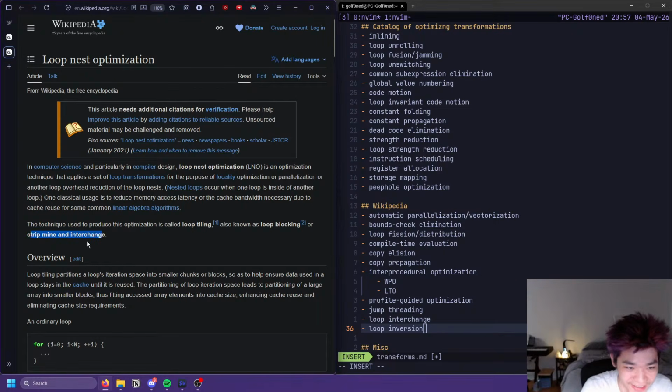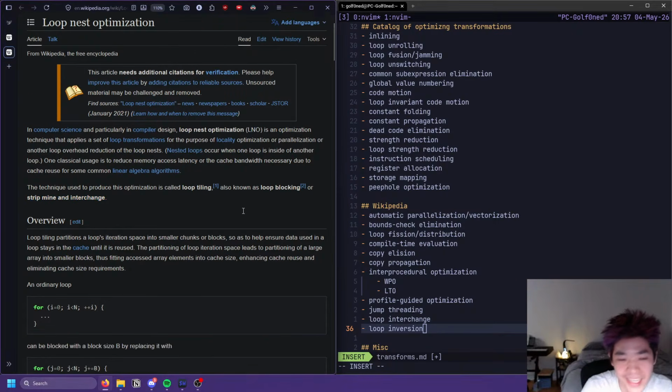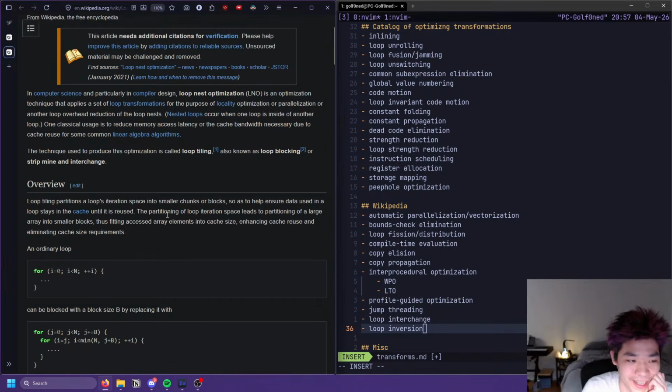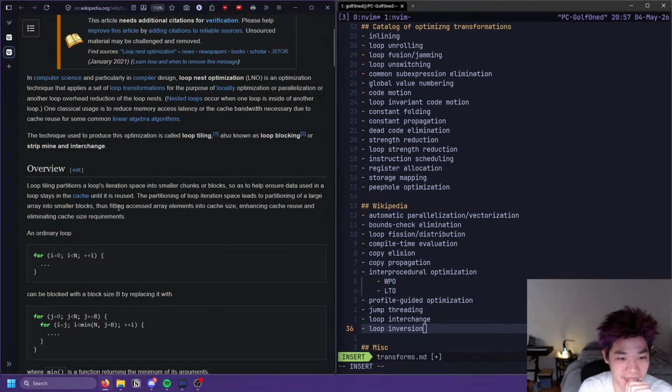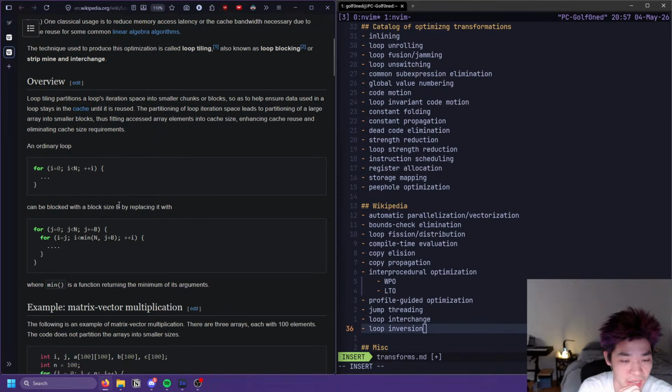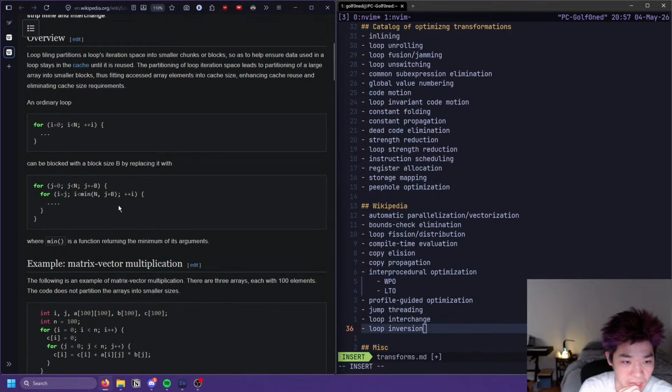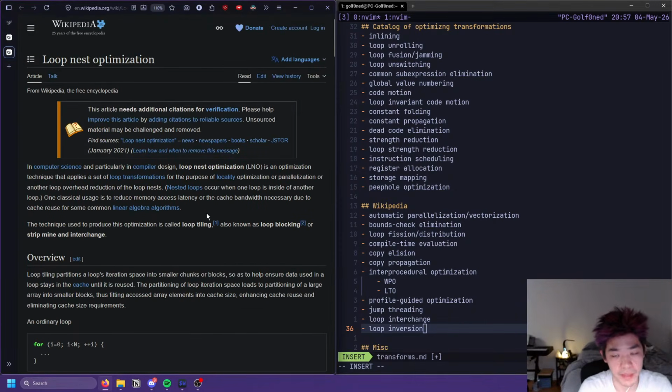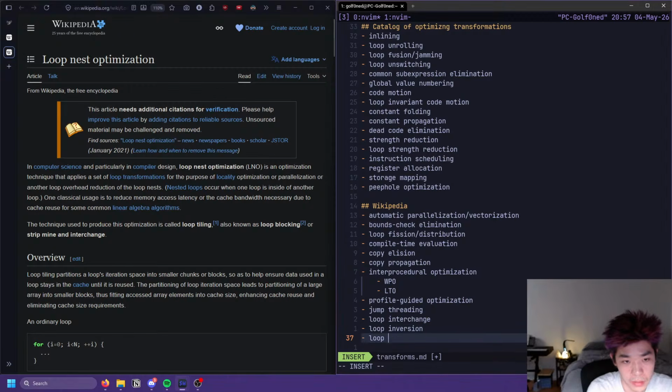What is this? Minecraft? Like, wow. We got really creative with the names all of a sudden. Okay, that makes sense. Tiling.